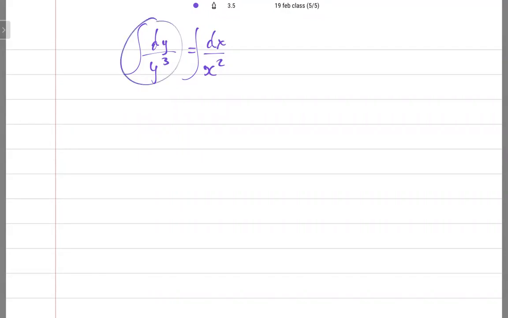So if I just take the integral, I will have y to the minus 2 divided by minus 2, and here I have x to the minus 1 divided by minus 1, plus a constant.